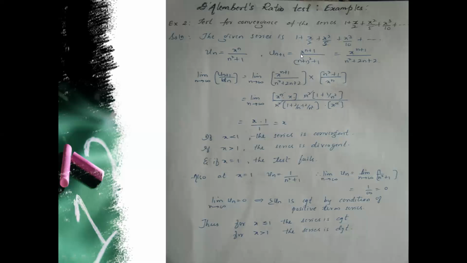Un plus 1 is equal to x raised to n plus 1 upon n plus 1 whole square plus 1. That is, we'll replace n by n plus 1. Again here n is replaced by n plus 1 whole square plus 1. So x raised to n plus 1 divided by n square plus 2n plus 1 plus 1, we will get here plus 2.